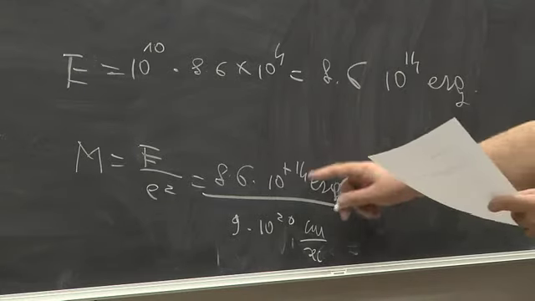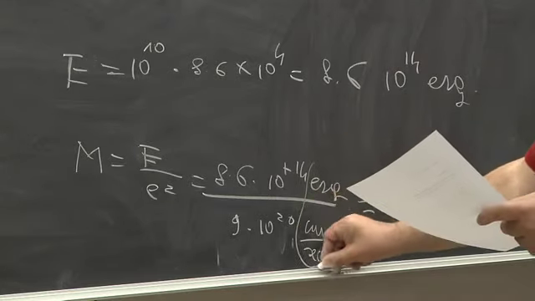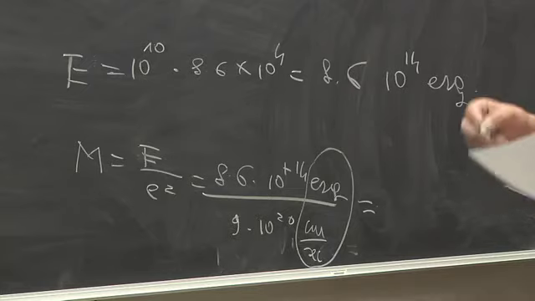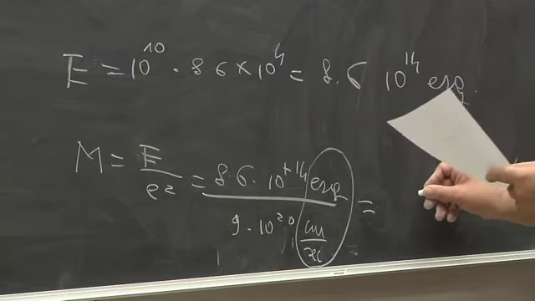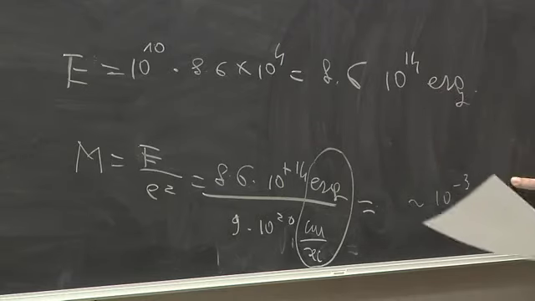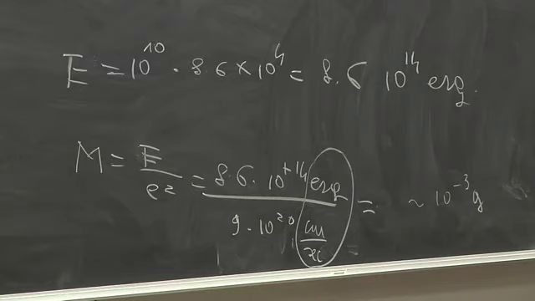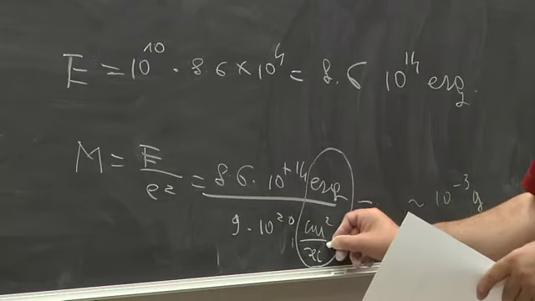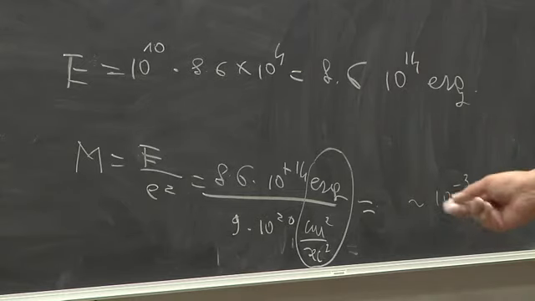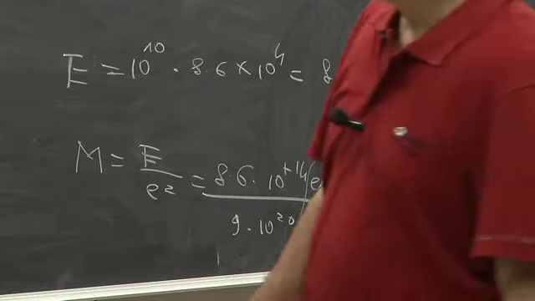Is this the correct thing to get into gram? Question. No. Okay, so get the conversion factor, and it should be of the order of 10 to the minus 3 gram. And then you get it in gram, and it is of this order. So the mass is a milligram roughly, but do the calculation correctly.